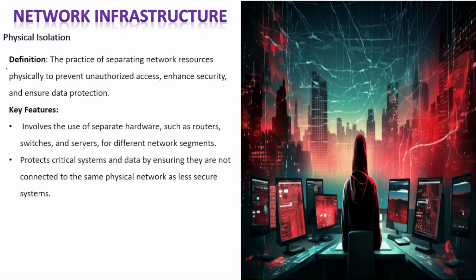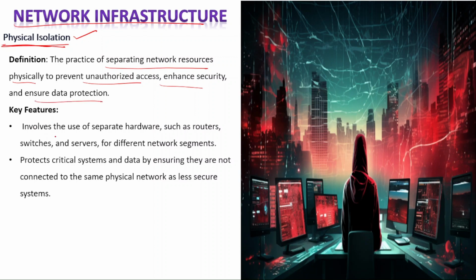So now some concepts about the network infrastructure. From the security point of view, there is the requirement of physical isolation of the network infrastructure, which means the practice of separating network resources physically to prevent unauthorized access, enhance security, and ensure data protection.